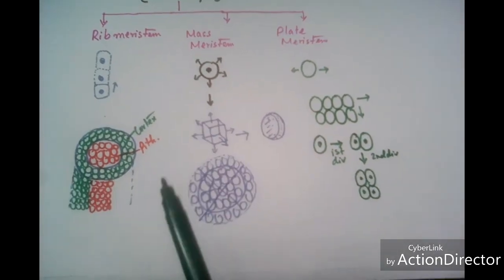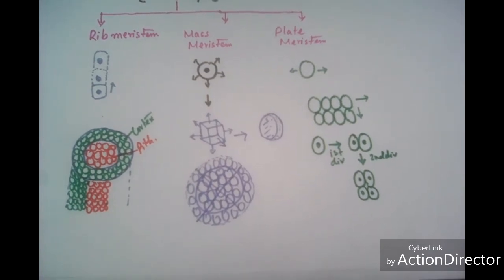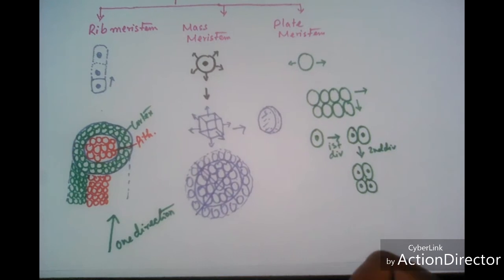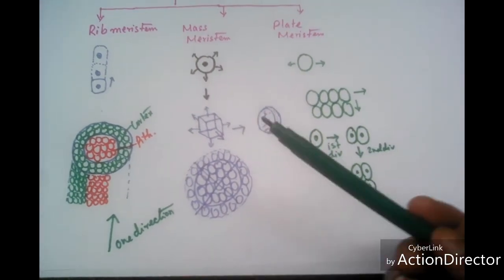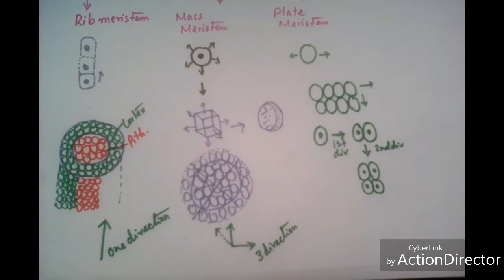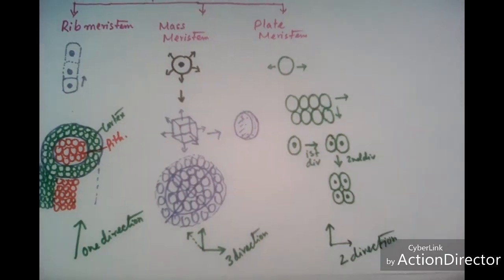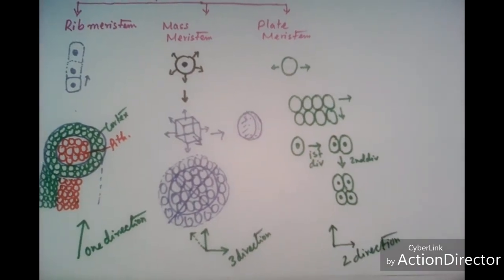So in the case of rib meristem, cells divide in one direction. In mass meristem, cells divide in three directions. And in plate meristem, cells divide in two directions.